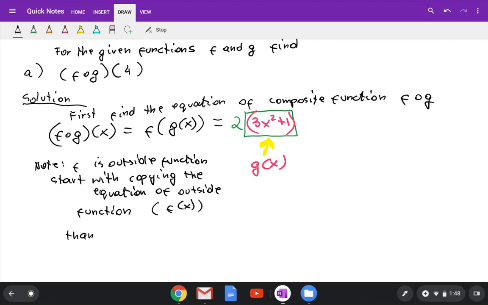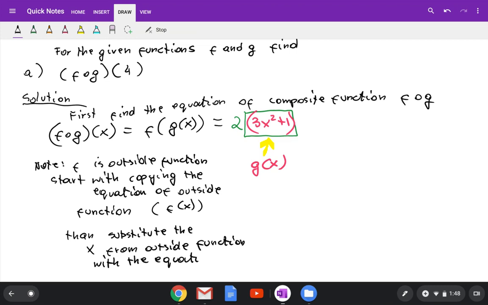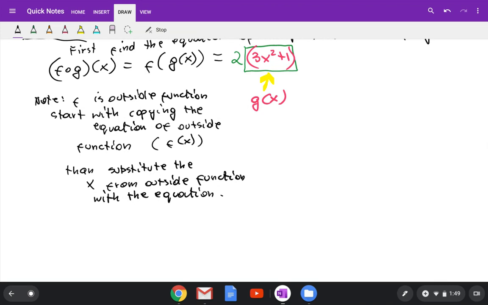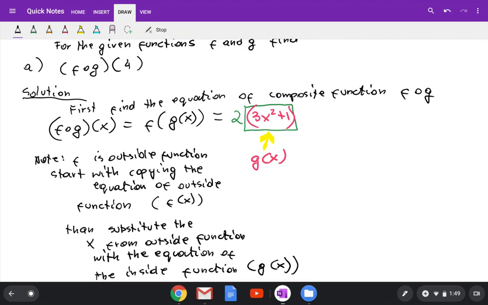Then substitute the x from the outside function with the equation of the inside function, which is again g of x. Okay, so the inside function is always the second one.